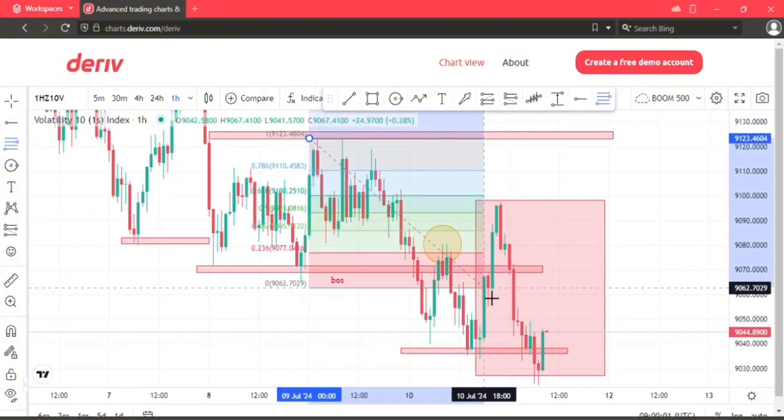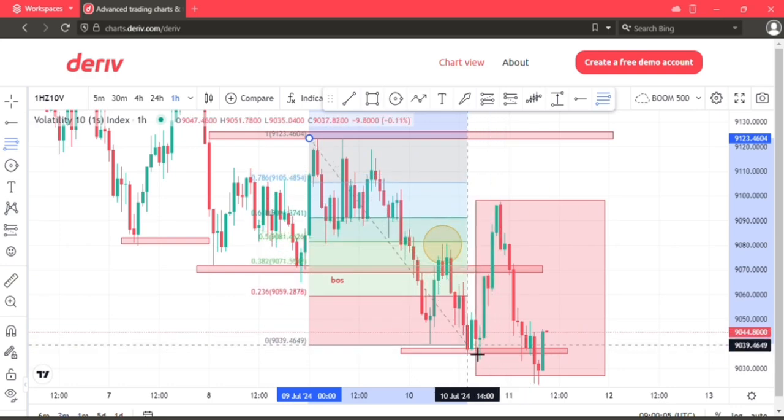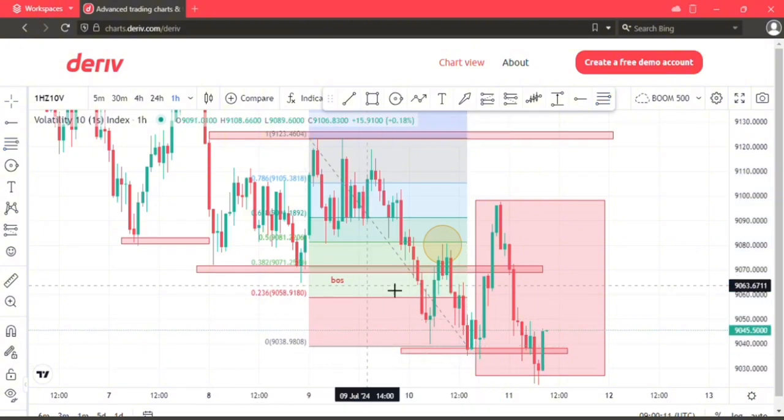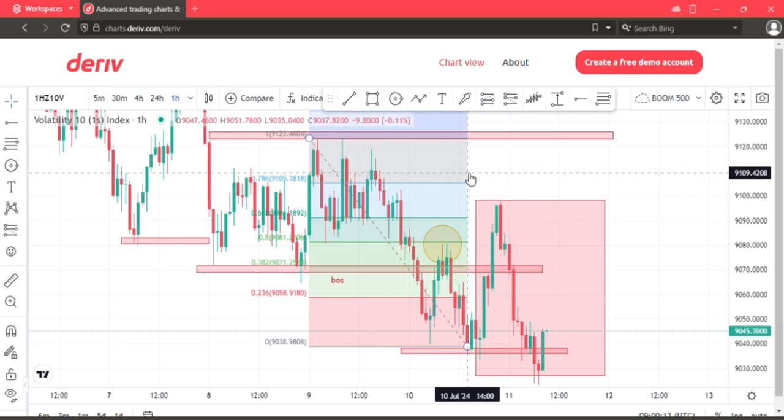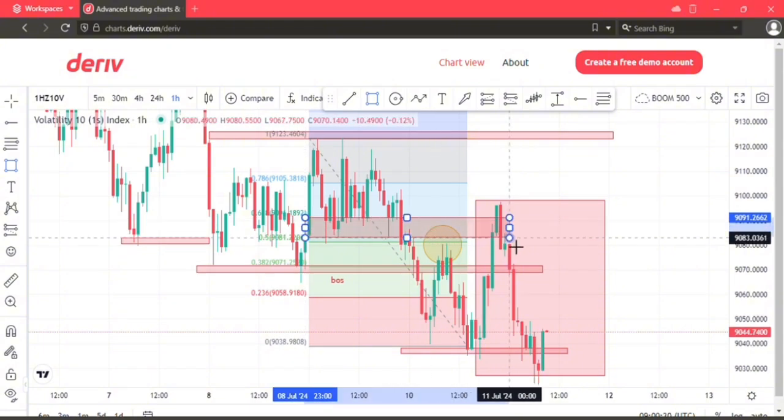So we got our golden zone right here, 0.618 to 0.5. We got our golden zone right here.